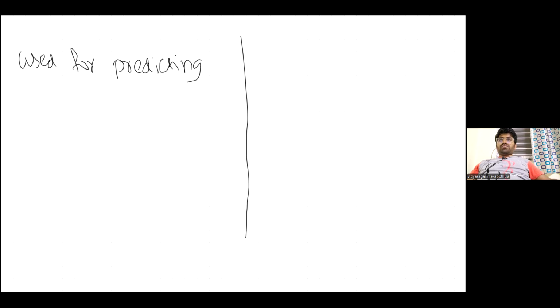Coming to classification, it is used for predicting class labels for data objects.